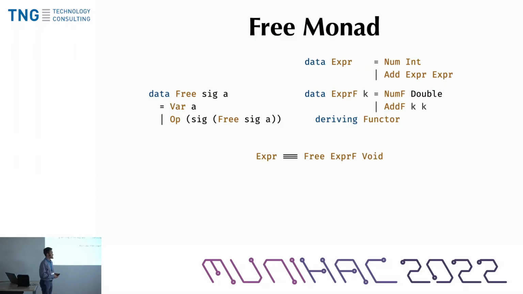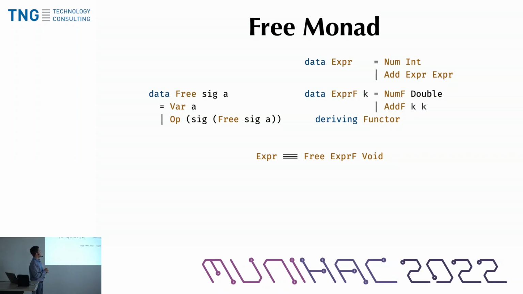So let's have a look at what the free monad is. Here I'm calling it Free, and it consists of two parameters. There's a sig parameter, which is the signature of the tree's nodes that we're going to deal with. The idea with the free monad is it's an abstraction for syntax trees. These syntax trees are parameterized by whatever signature you want to pass in, so what the operations actually look like.